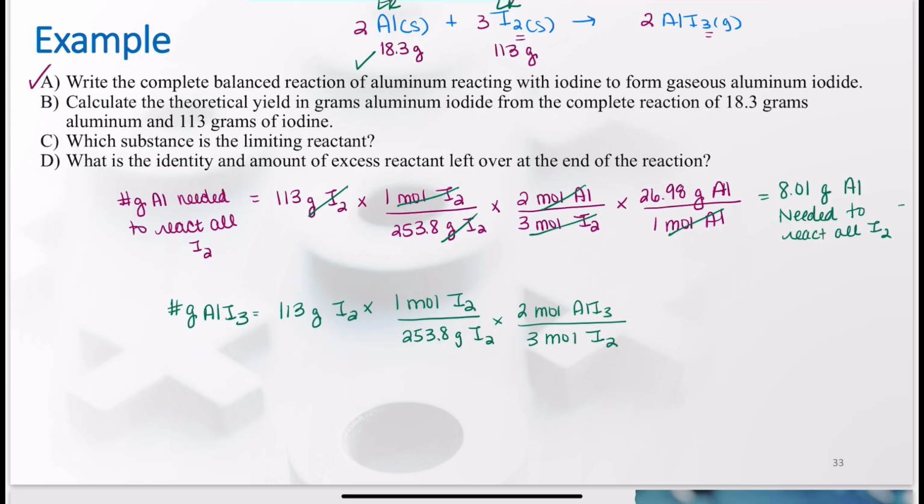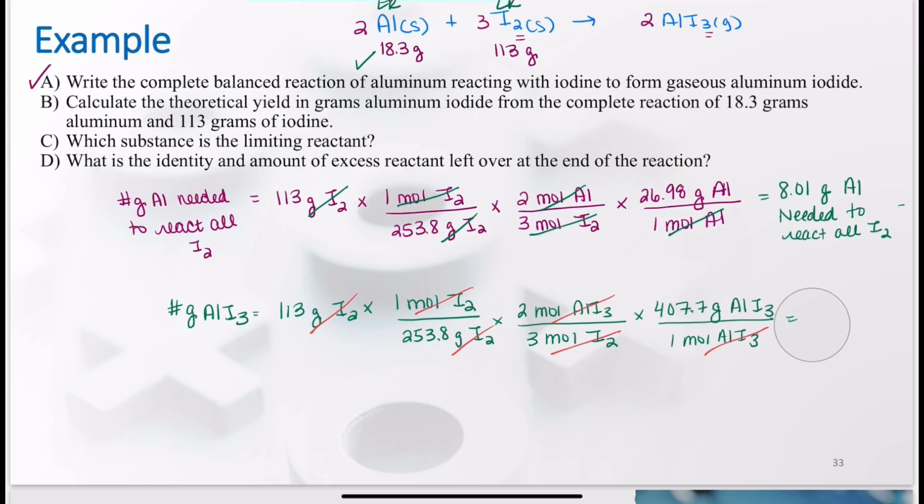But I don't want moles, I want grams. So I add up the molar mass here, and it's a pretty big compound because I've got 3 iodines in there. It's 407.7 grams of AlI3 for every 1 mole of AlI3. Make sure your units have canceled. Grams of I2 cancel, moles of I2 cancel, moles of AlI3 cancel.